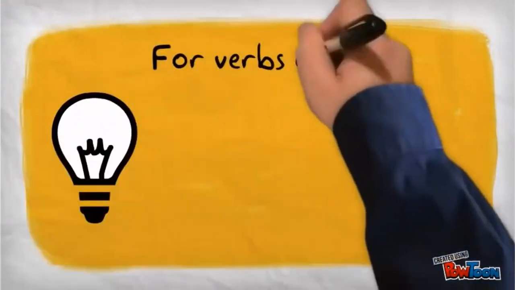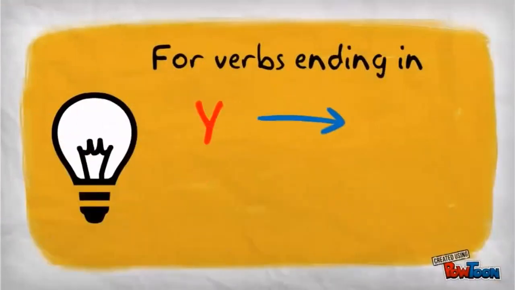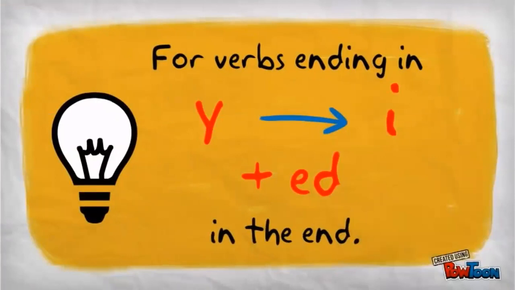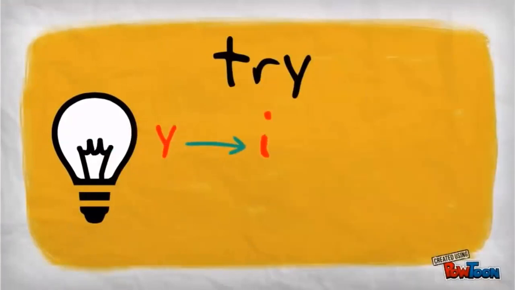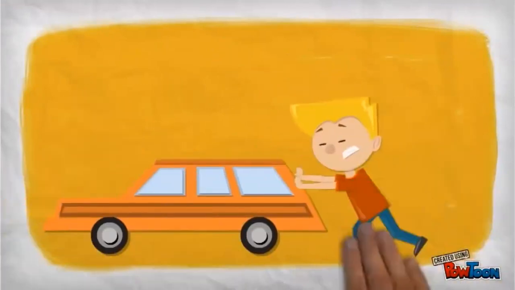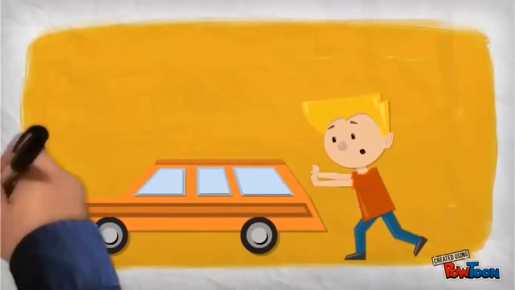For verbs ending in Y, first Y changes into I, and then we add E and D in the end. For example, try, tried. He tried really hard.